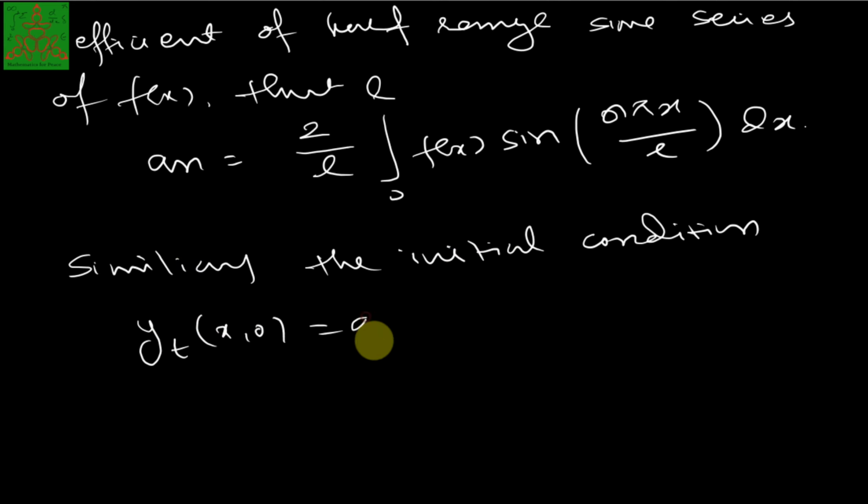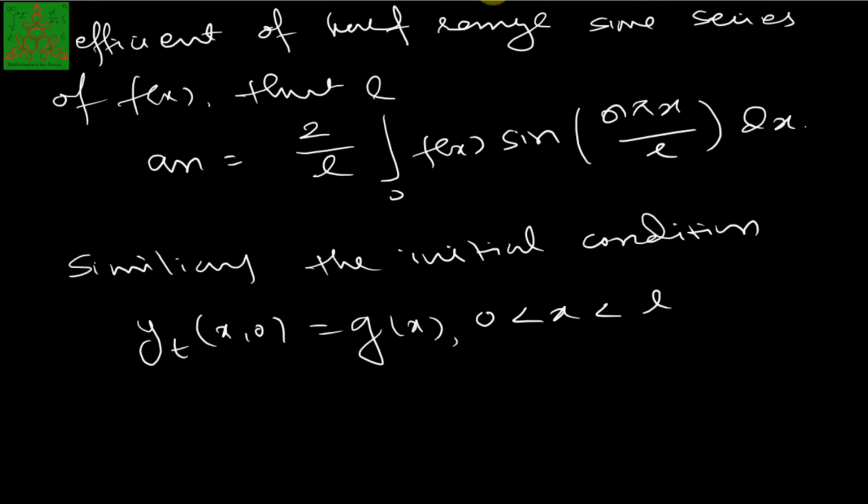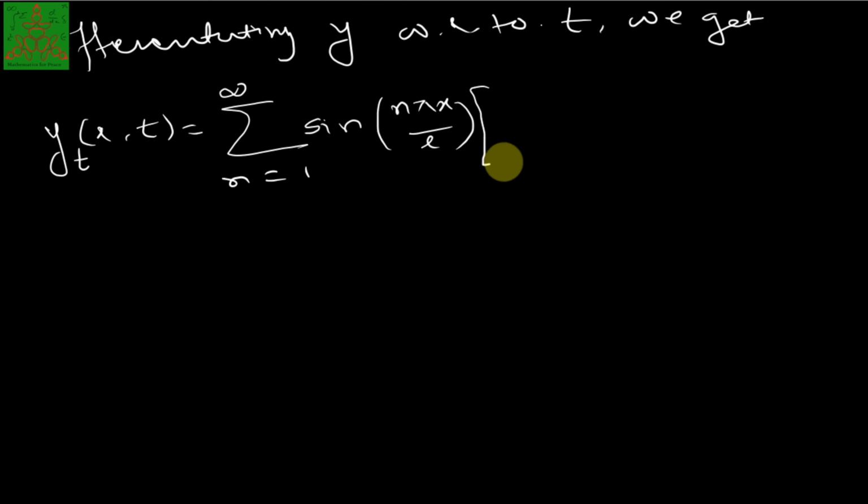Similarly, we use the other initial condition, that is y_t(x,0) is equal to g(x) for all values in between 0 to L. So we need to differentiate first with respect to t. Differentiating with respect to t, we get y_t(x,t) equal to the summation, n running from 1 to infinity, of sin(n pi x upon L), which is independent of t, so it stays as it is.